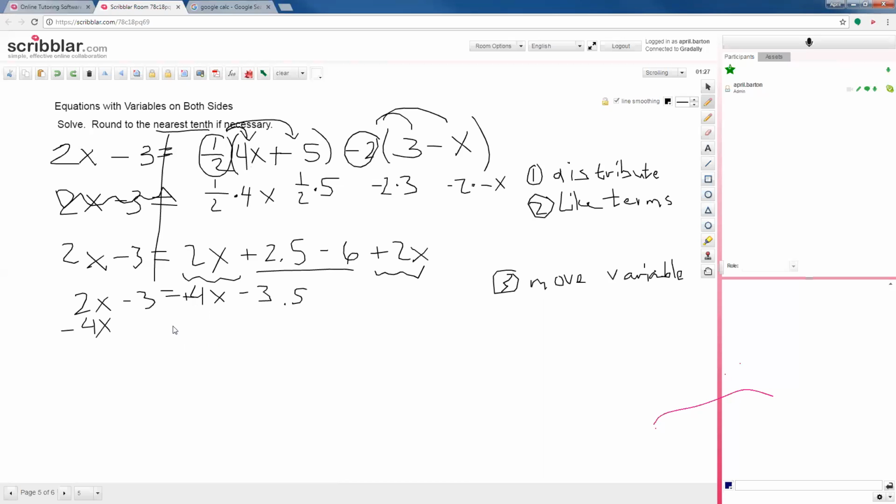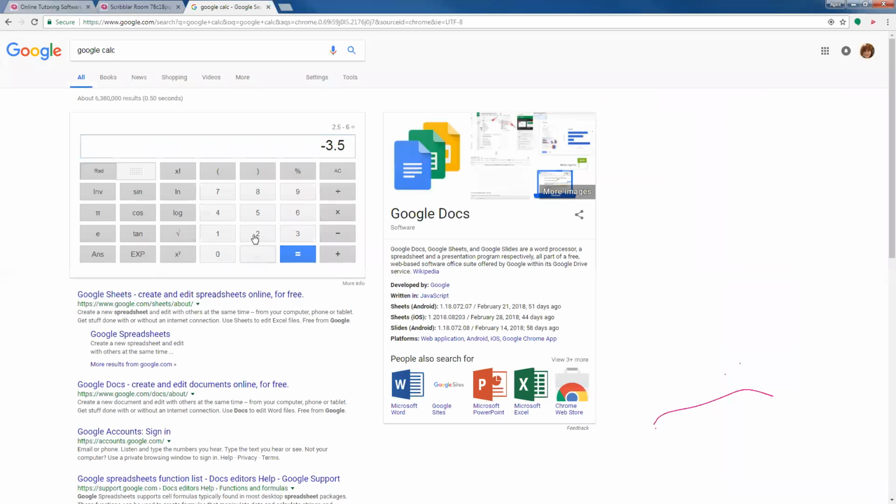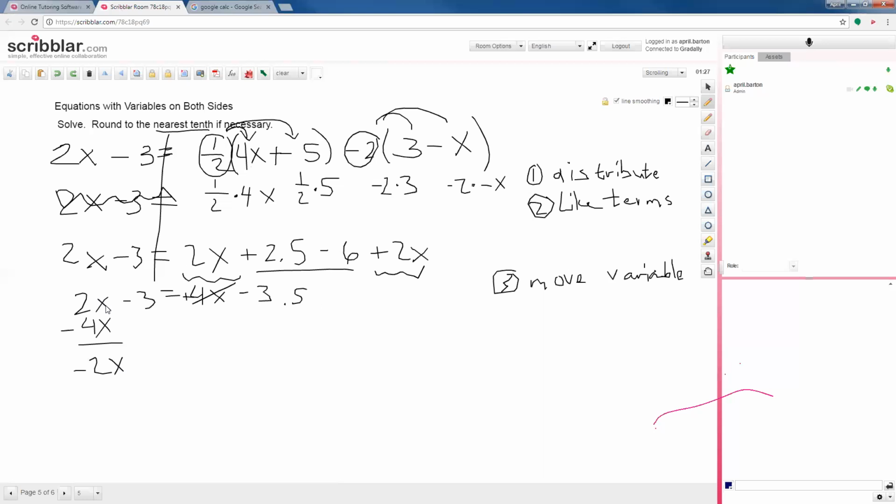Good, thank you, Stephanie. Opposite of addition is to subtract. And 2 minus 4 is negative 2. If you don't like positive and negatives, plug it in. Calculators are super helpful. Use them. I love calculators. They are great. So everything else, we moved the variable. Everything else, we just bring down.